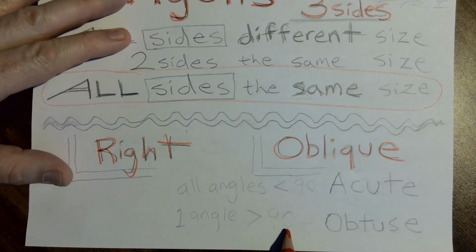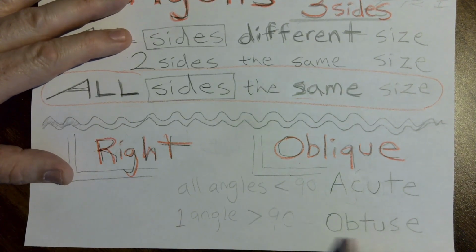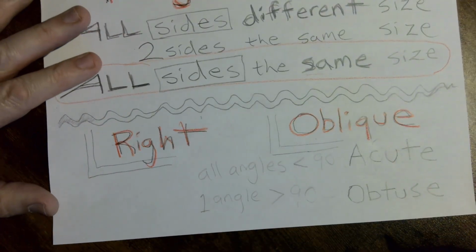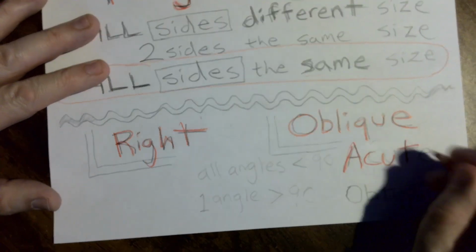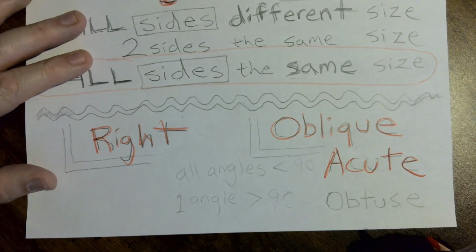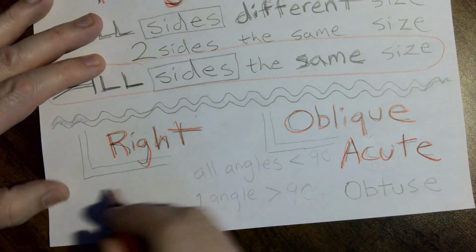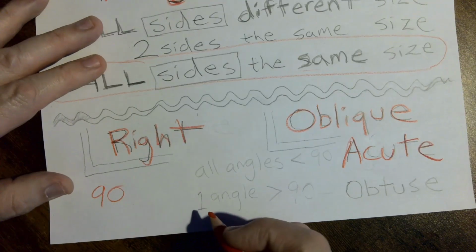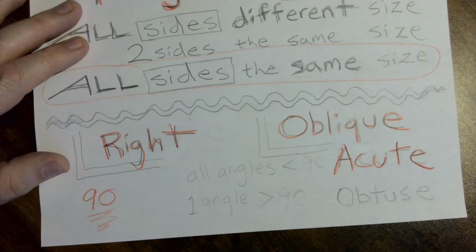It either has one angle bigger than 90, in which case we say it's obtuse, or all angles are less than 90. And then we call that acute. So just ways to talk about trigons, because they're everywhere, thanks to circles. So a right trigon is a trigon that has an angle that's exactly 90 degrees. And remember, we're using this number only because, Babylonians.